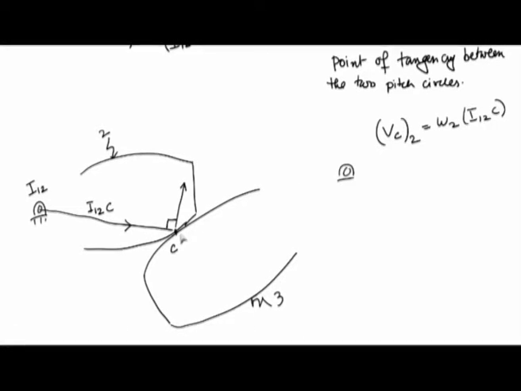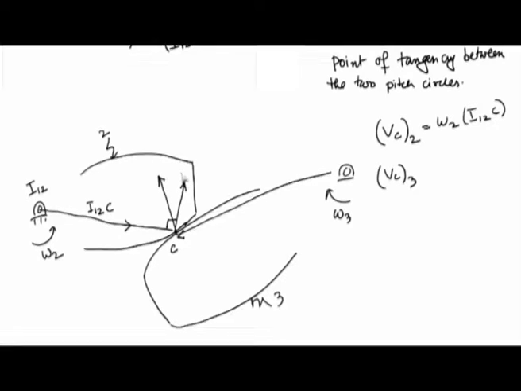Now again from geometry, if Vc is taken as a point in body 3, and this body is moving at a speed of omega 3, whereas the other body is moving at a speed of omega 2, the velocity for the point of contact will again be perpendicular, which is here.